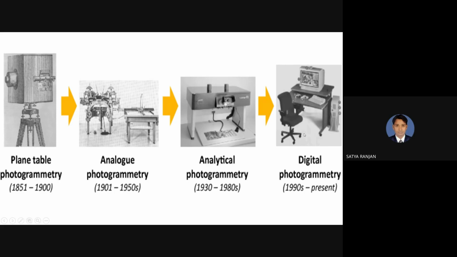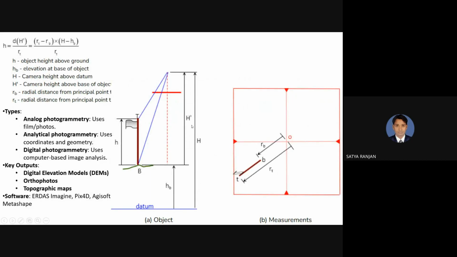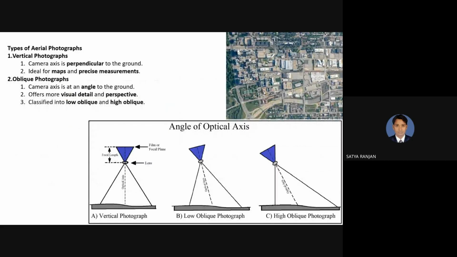Nowadays we are using the digital photogrammetry. Then there are two types of aerial photography. One is vertical photograph and one is oblique photograph.